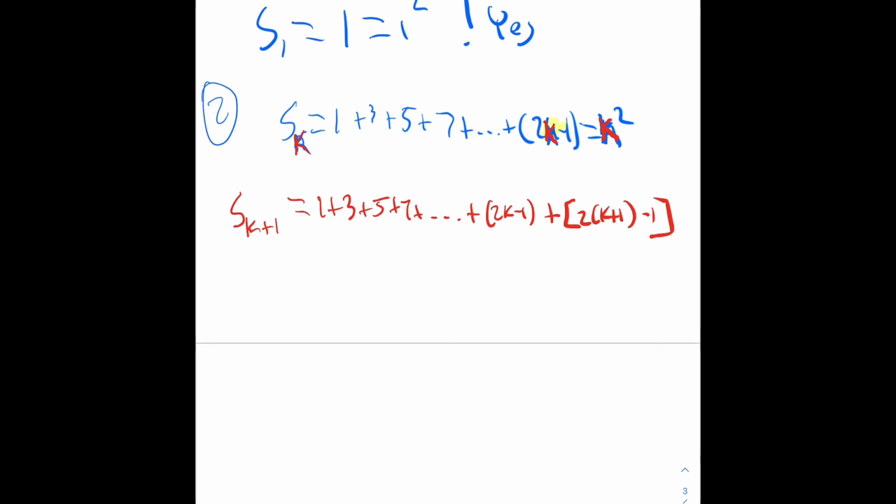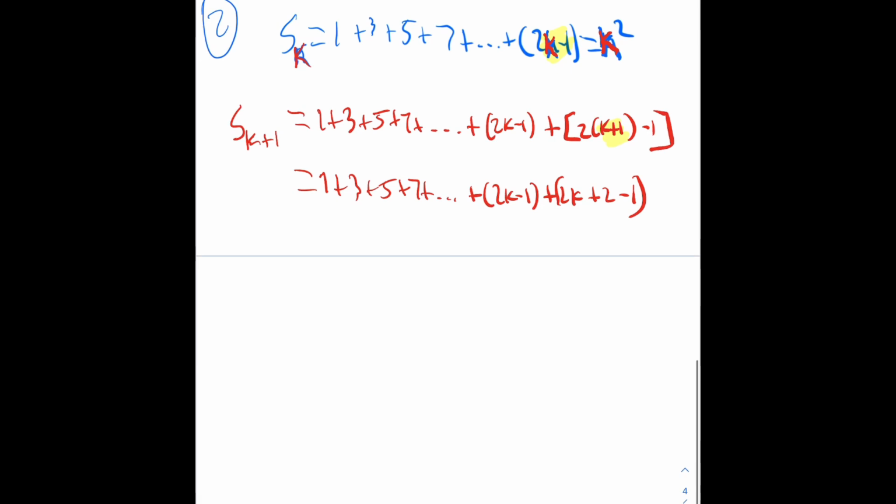Basically, I swapped out, right here, instead of k, I added a plus 1 in there. So 2k plus 1 minus 1. As we go through and simplify, this stays the same. This term is still the same. Now I have 2k plus 2 minus 1, which we'll put in parentheses or brackets.